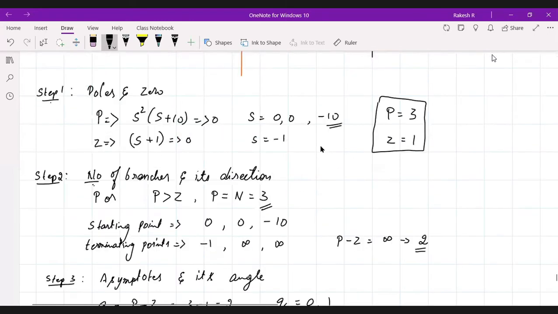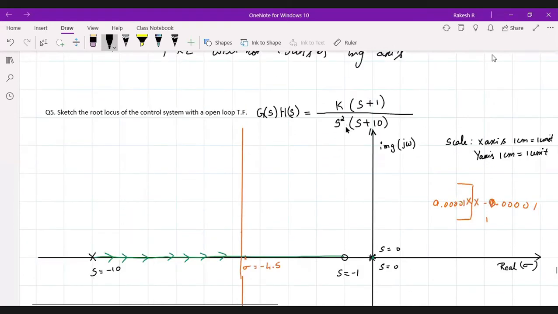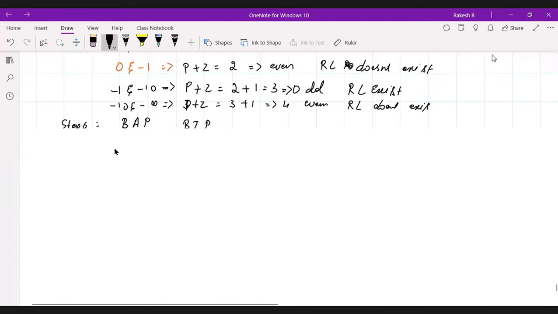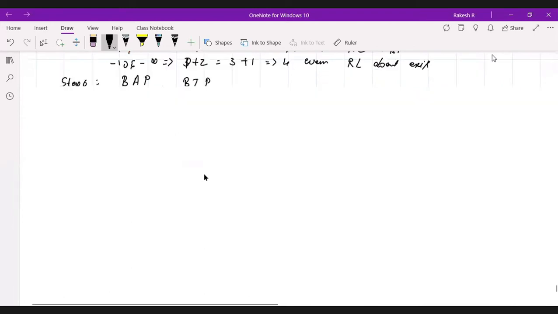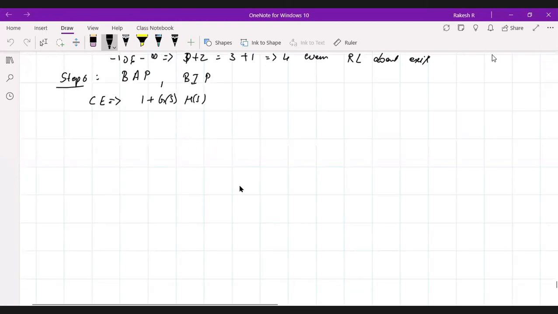That is K times (s plus 1) divided by s square times (s plus 10). I think today the internet is slow. So we have 1 plus K(s plus 1) divided by s square (s plus 10) equals 0. This is what we need to consider here.